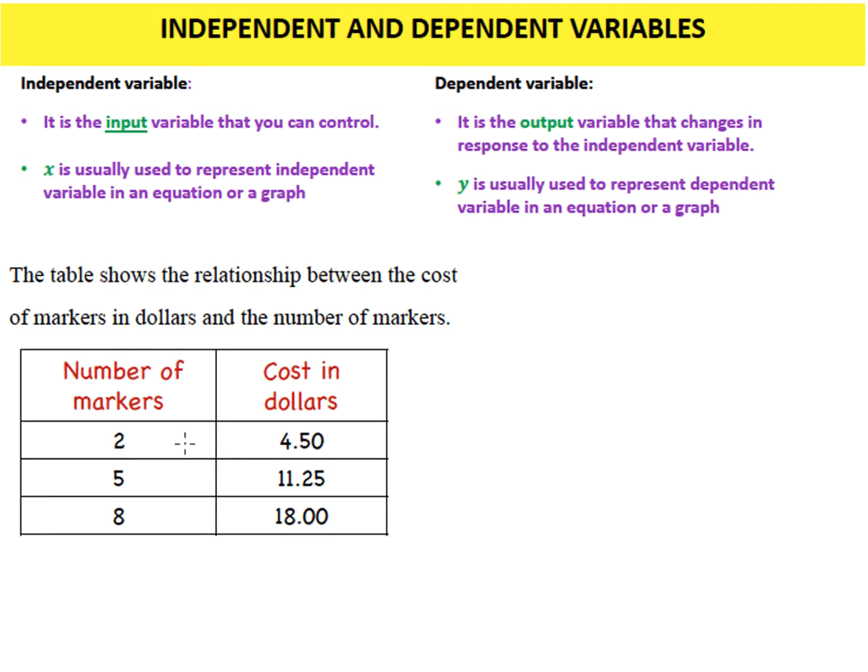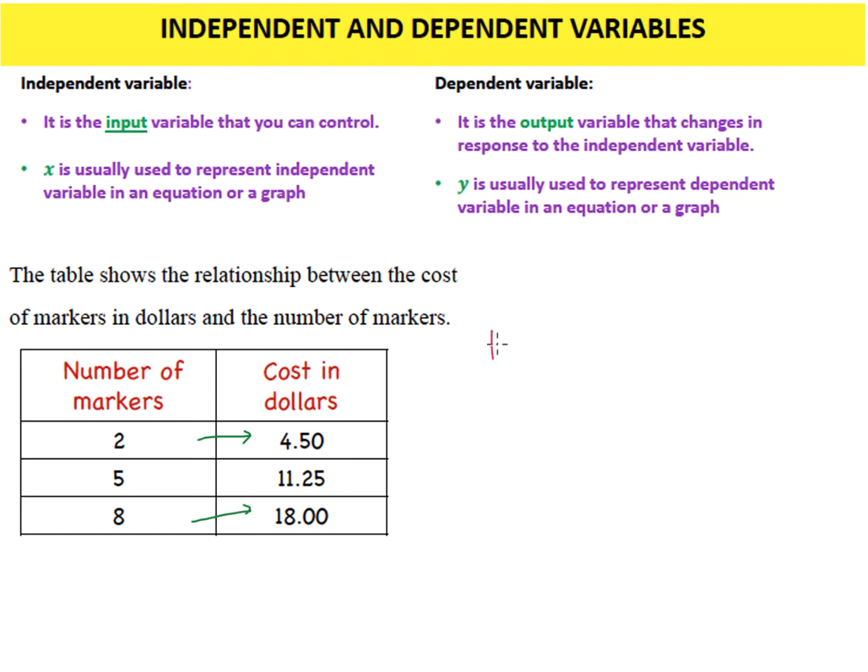So when you buy 2 markers, you end up spending $4.50. But when you buy 8 markers, you end up spending much more, that is $18. So even though they don't tell you what is the independent and dependent variable, you can figure out using your everyday knowledge that the cost depends on the number of things that you buy.